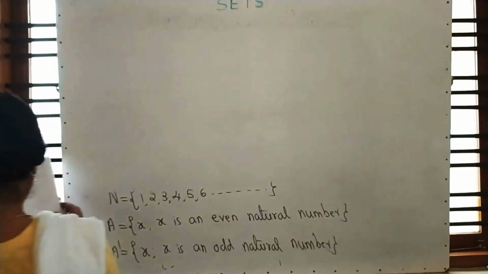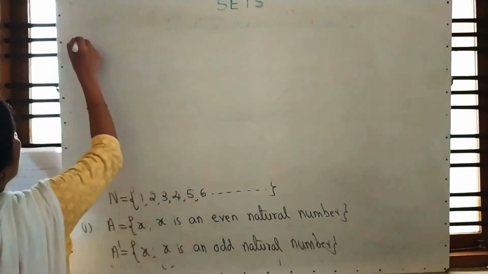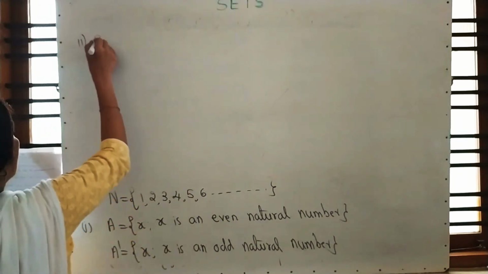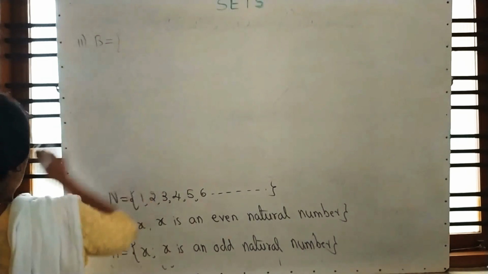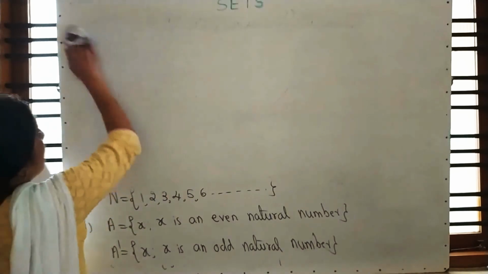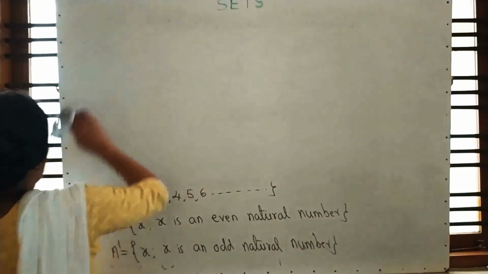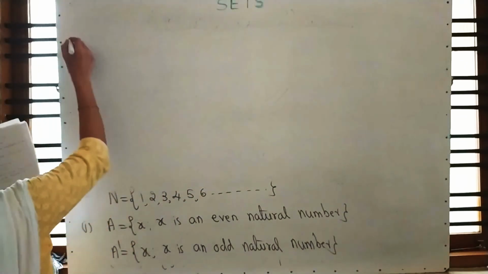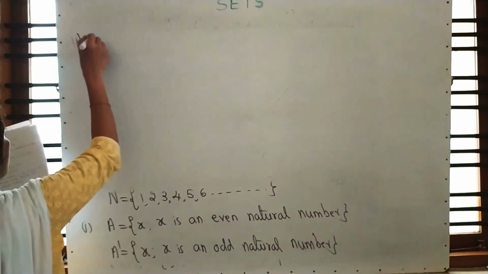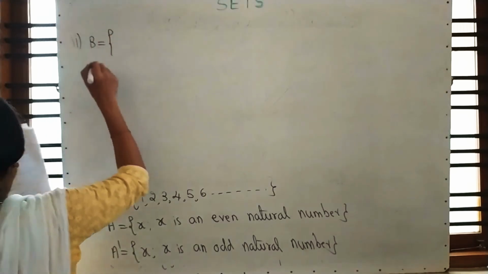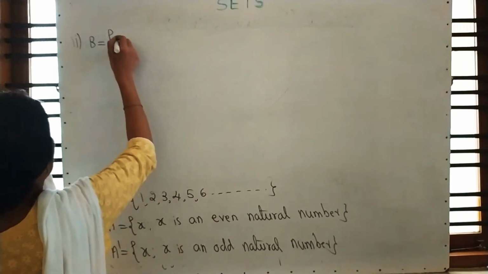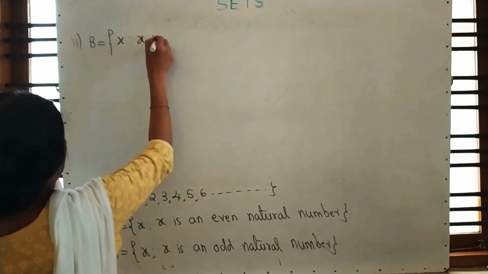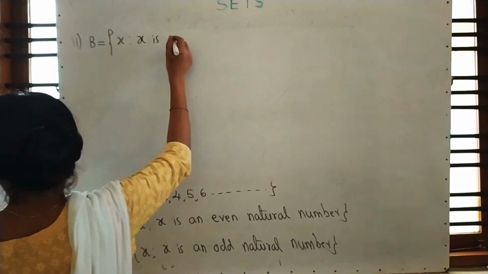Second one, B. Set A I already wrote. x such that x is an odd natural number.